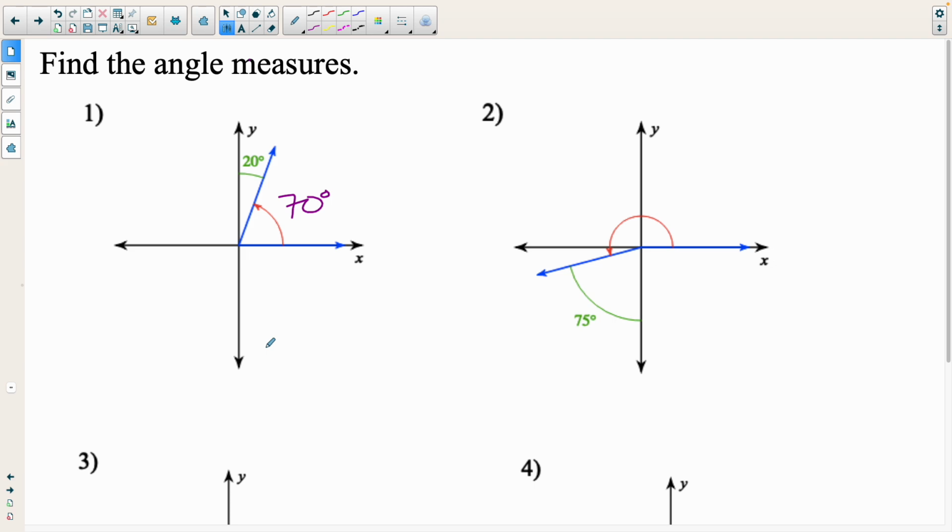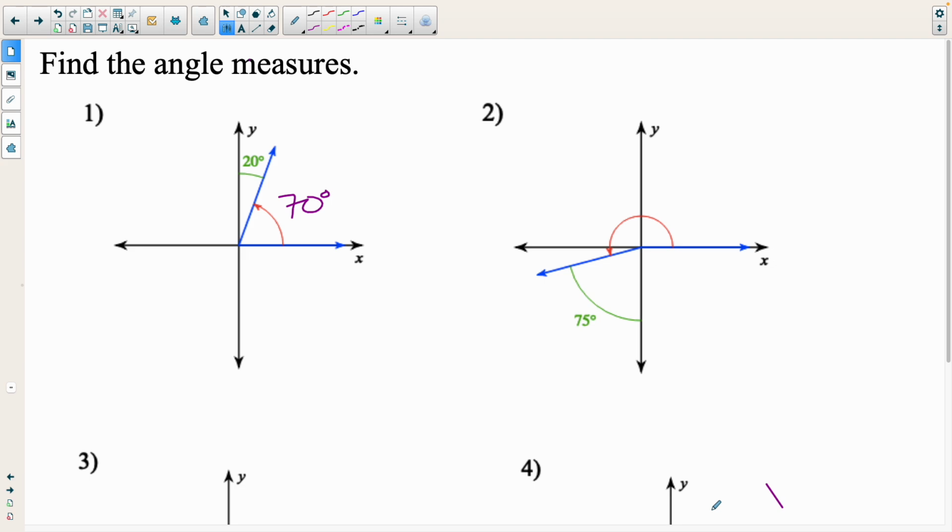Now, number 2, some people's minds work differently. Some people like to look at the whole thing and subtract stuff out. Some people like to add up. But just so you can see another option, I could take this whole thing that the green goes up to and say, all right, total 270 minus just this green piece would give me the rest. So you could think of it that way.